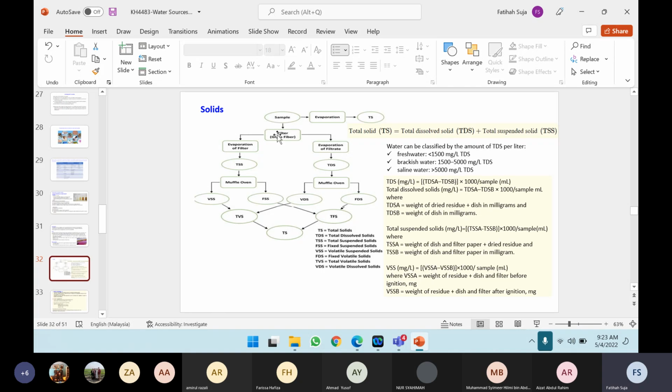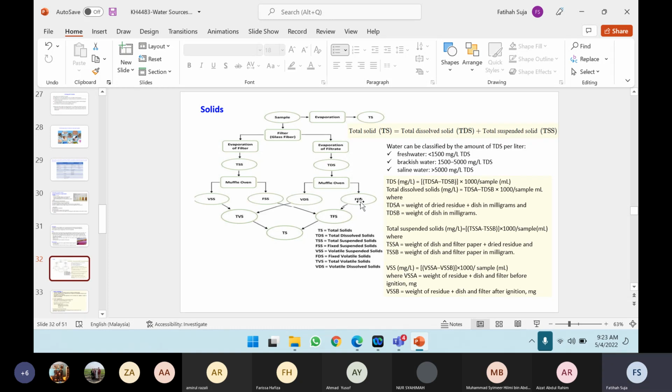But if you filter using a glass fiber filter and evaporate, the filtrate will be the total dissolved solids, and what you have on the filter paper is the total suspended solids. The total dissolved solids, if you put them in the muffle furnace, then you get VDS. VDS is volatile dissolved solids.